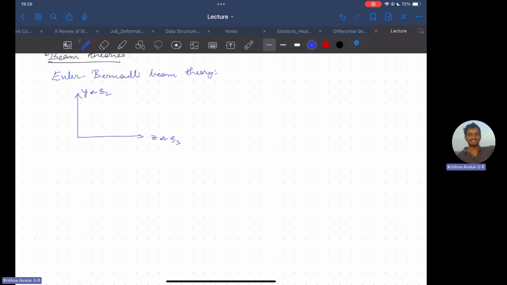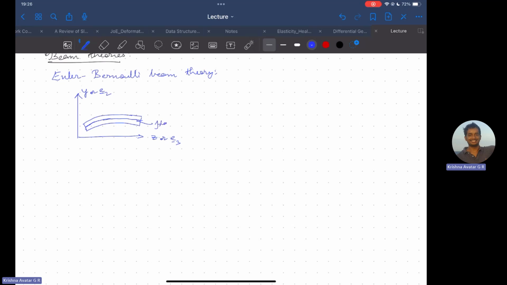So say in this case we have some sort of a curve, of course some planar beam. But as we recall, we can model the center line, or the locus passing through the centroids of every cross section, as a curve.